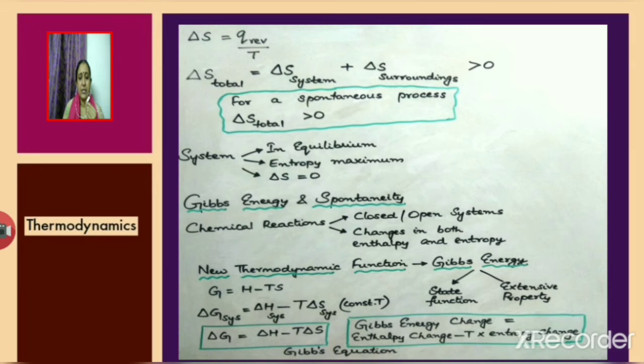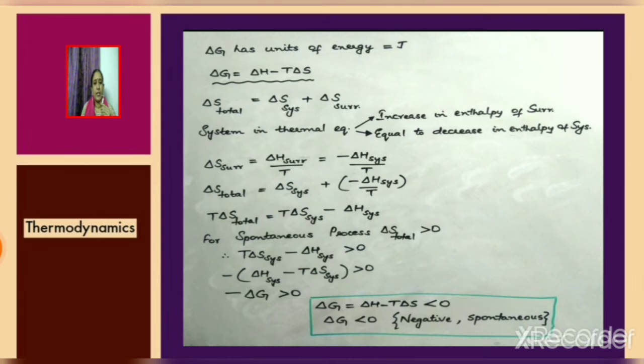Or we can write delta G is equal to delta H minus T into delta S. This equation is known as Gibbs equation. Delta G, that is Gibbs energy change, has units of energy which is equal to joules. We know that delta G is equal to delta H minus T into delta S. It is known as Gibbs equation.